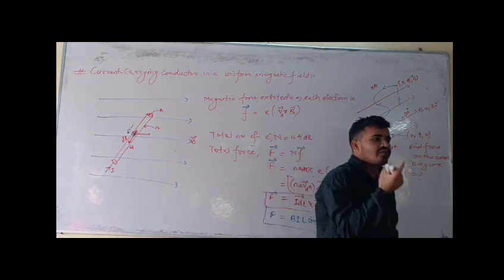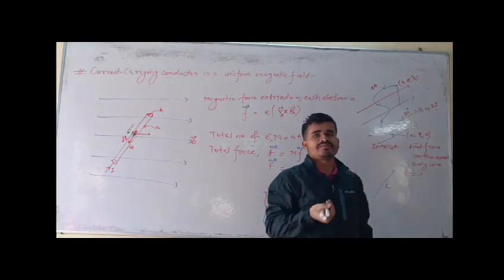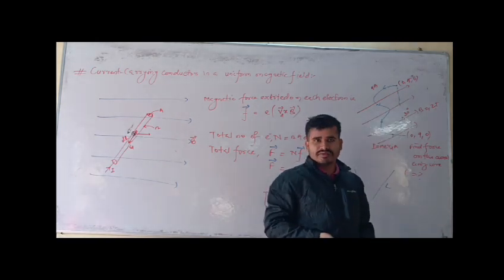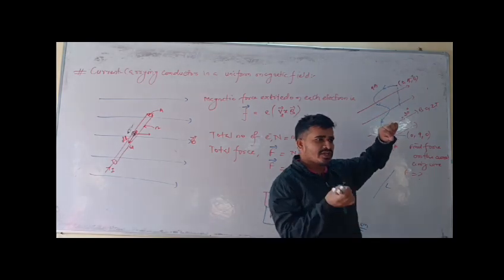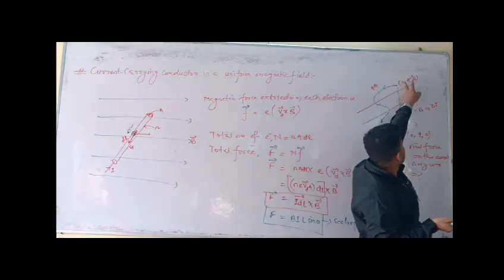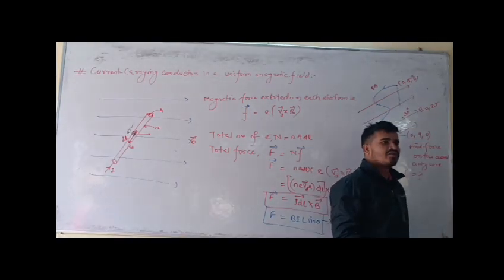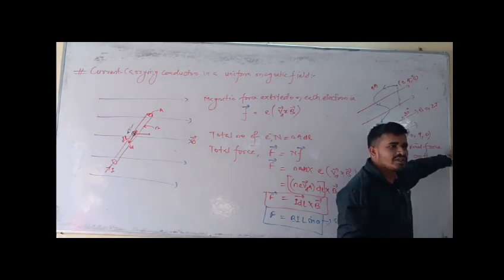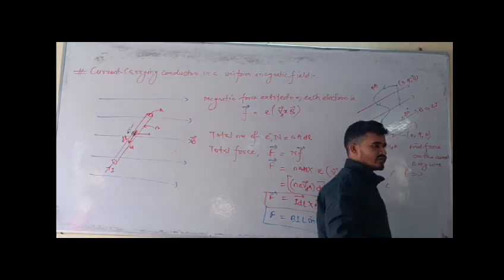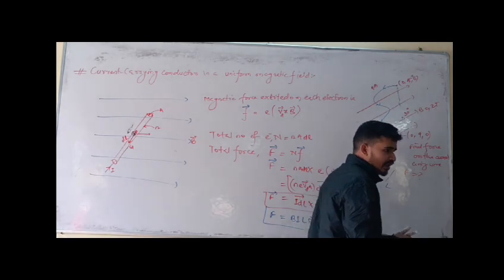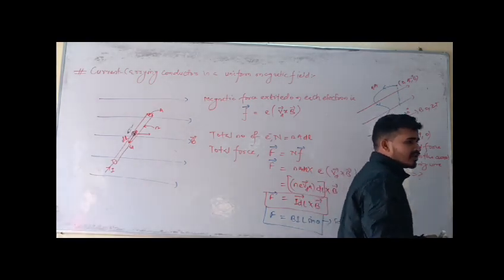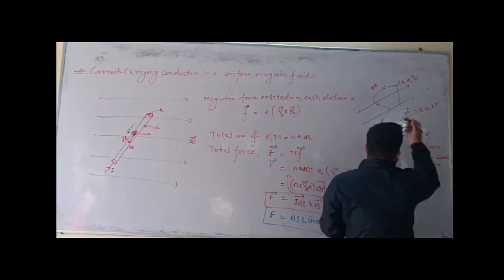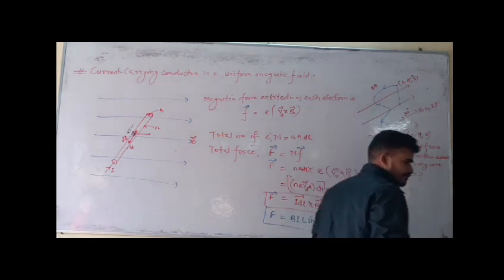And I have told you if dl is a vector quantity, I will take displacement. What is displacement? The shortest distance between the initial and final point. Put the value of displacement only. Clear or not? Now you can solve the question. What is the answer? 20 what? Newton.